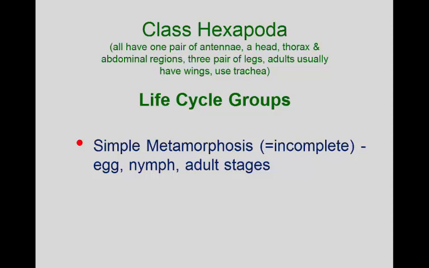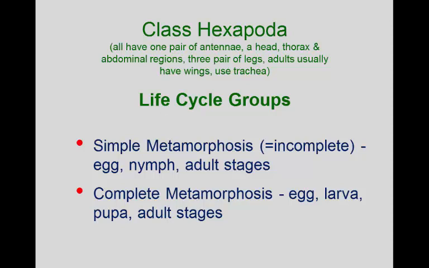The nymphs are going to have external wing pads, places where the tissue is developing where they will eventually become wings, but it's only the adult that will have wings. And the definition of the adult is that it's now sexually mature. There will be males and females with functional testes and ovaries.